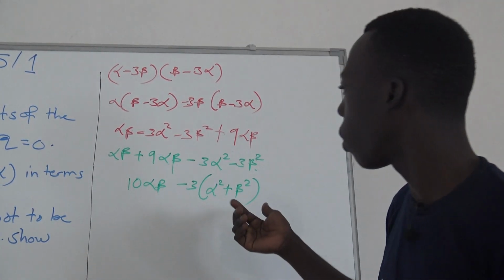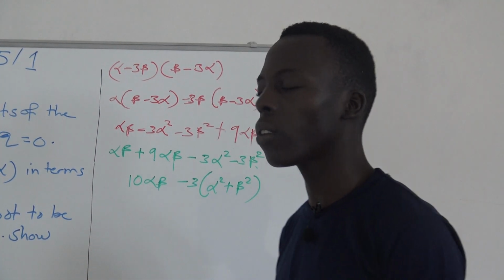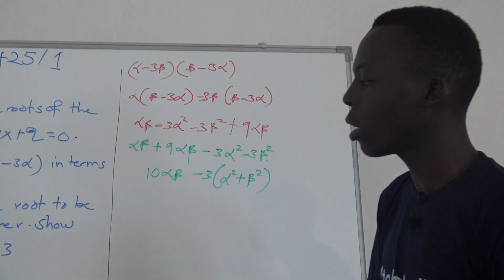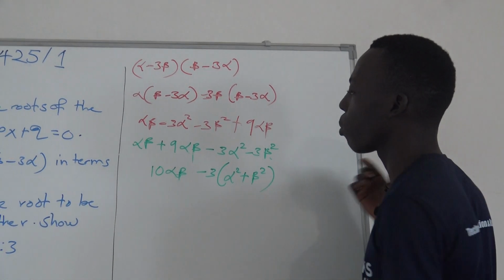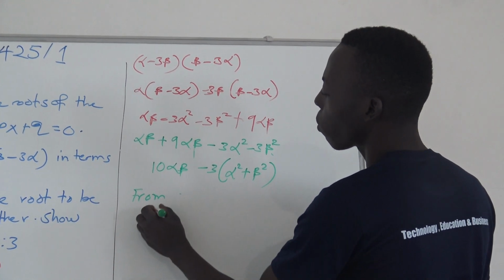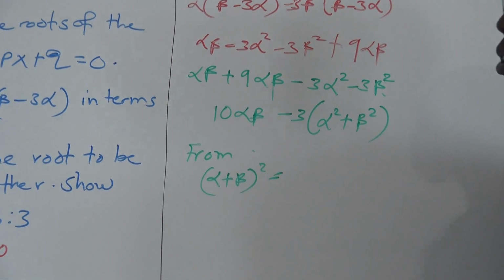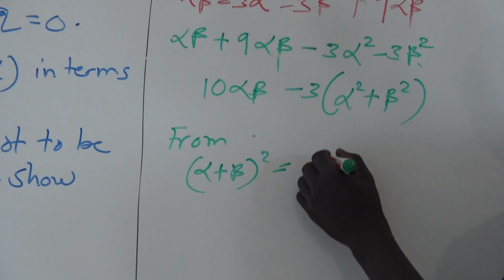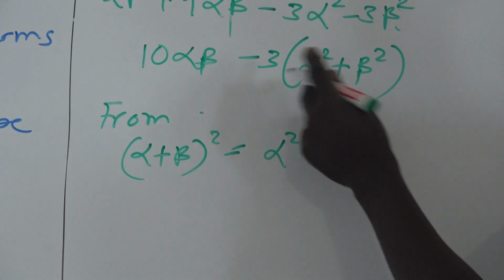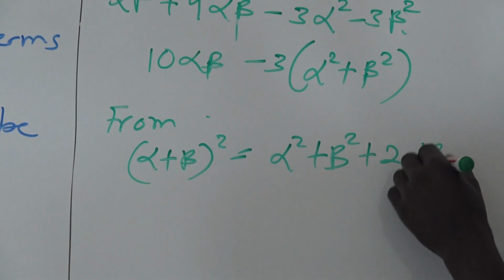You don't leave your answer like this. You have to break it into the form of alpha plus beta and alpha beta. So this one can be got from alpha plus beta, the whole thing squared, which gives us alpha squared plus beta squared, then plus 2 alpha beta.